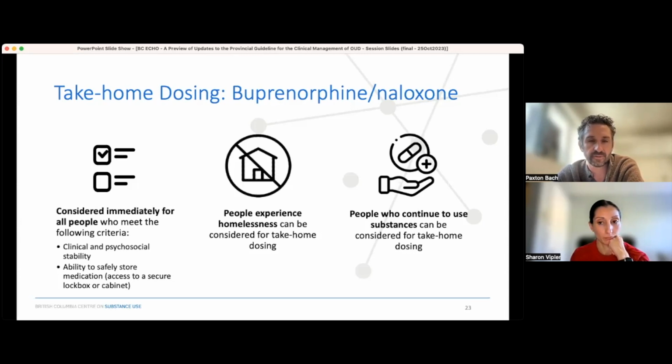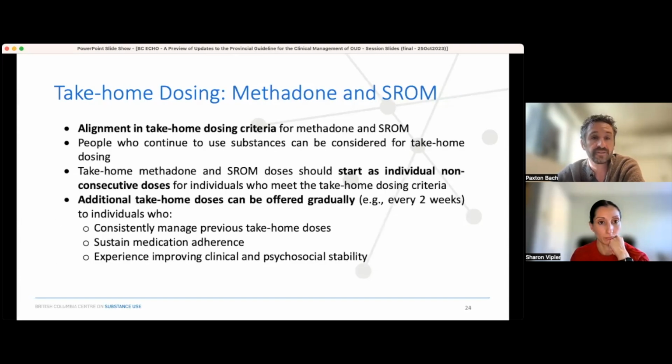But take-home dosing for methadone and for Kadian, if we go to the next slide, has changed quite dramatically. Our recommendations here have obviously been highly conservative for many years, and in the context of the new evidence that has emerged from COVID-19, and I should also point out, in close collaboration with Medify Ontario, some of you may be familiar, who actually issued identical guidance about 2 months ago.